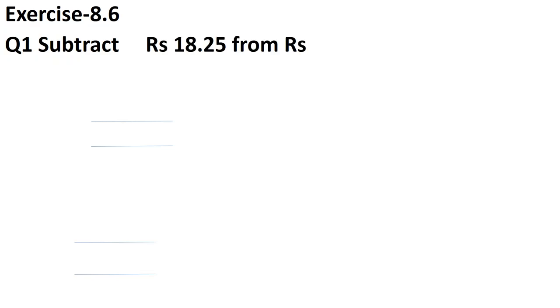Now see exercise 8.6. Question number 1. It is: subtract rupees 18.25 from 20.75. Okay, this you know, that in case of subtraction, the number written after "from" we have to write down first.